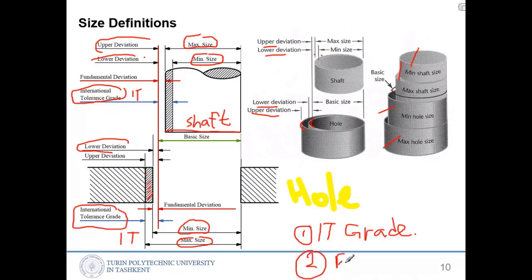The fundamental deviation is the distance between the basic size and the smallest hole, and also between the basic size and the biggest shaft.